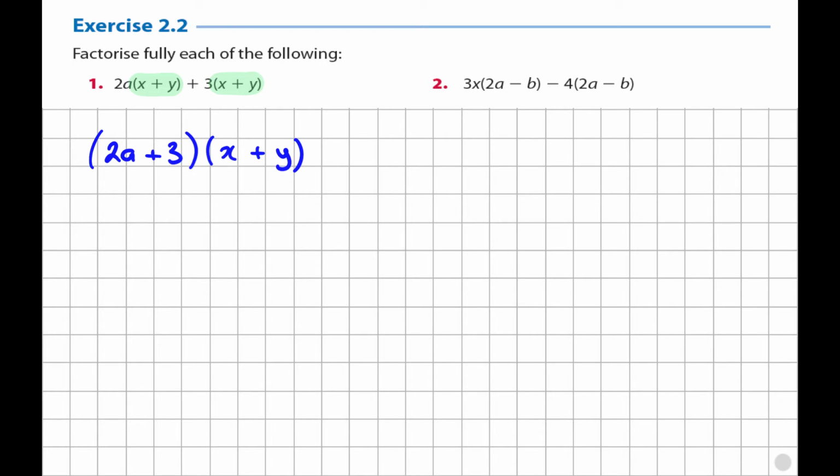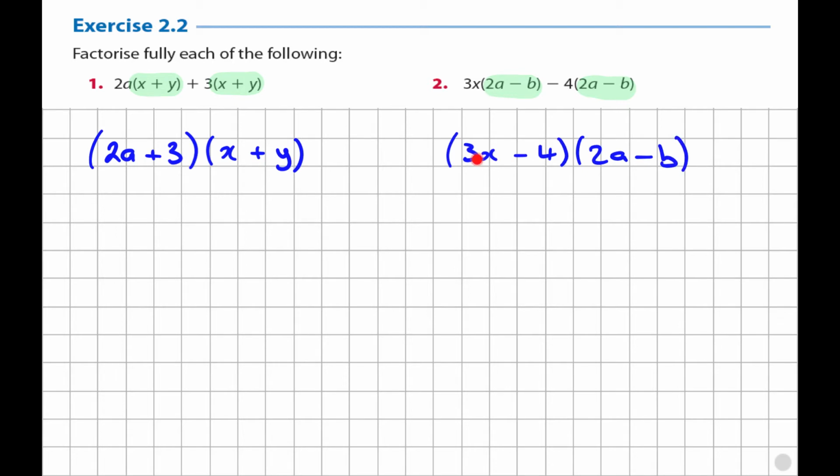We'll now look at question 3, or 2 even. So you can see there again, we've got 2a minus b and 2a minus b. So if I was to work backwards there, I can say that 3x minus 4 multiplied by 2a minus b.